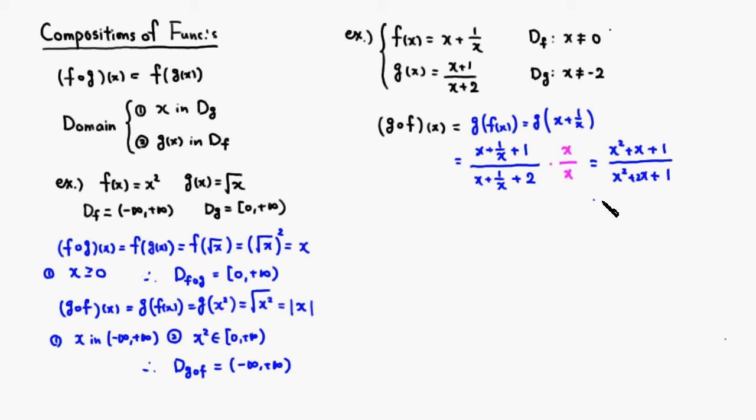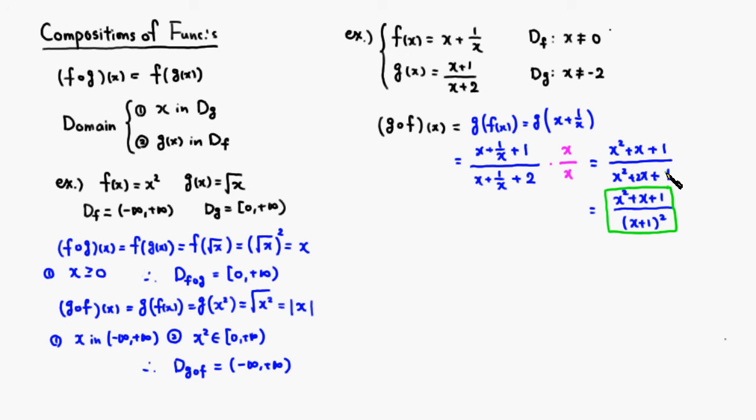Actually the bottom one can be factored, so we can also write it as x plus 1 squared. Then on top, I don't think we can do much, so I'm just going to write that down. All right, so this is the g of f.